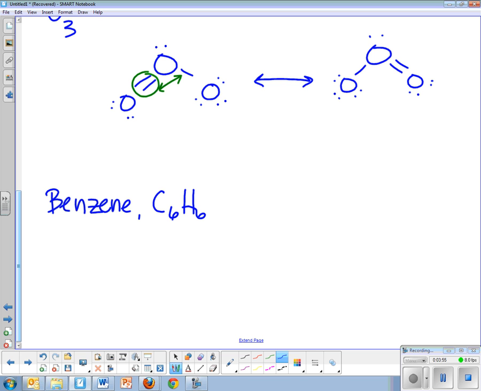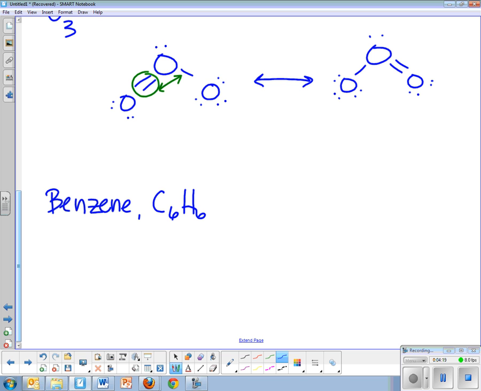With C6H6, they couldn't figure out how this would form with the right number of carbons and hydrogens. And a famous scientist, Kekulé, actually figured out the structure of this in a dream. In his dream, he imagined a snake kind of eating its own tail, so like a circle. So he figured out that this structure was actually circular.